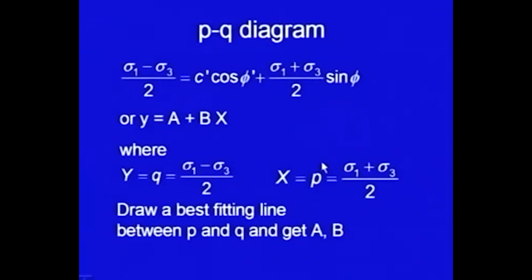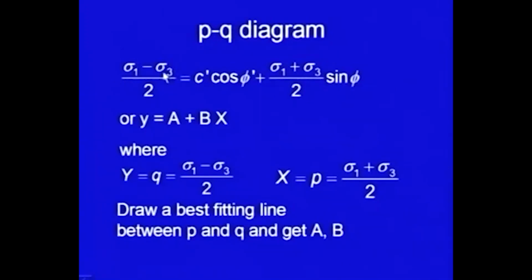Another way to find out C dash and phi dash is a very convenient method. Rather than putting a common tangent to the Mohr circles, it is a convenient way and mathematically stronger. You can represent the Mohr-Coulomb equation in this form: (sigma 1 minus sigma 3)/2 equal to c dash cos phi dash plus (sigma 1 plus sigma 3)/2 sin phi dash.